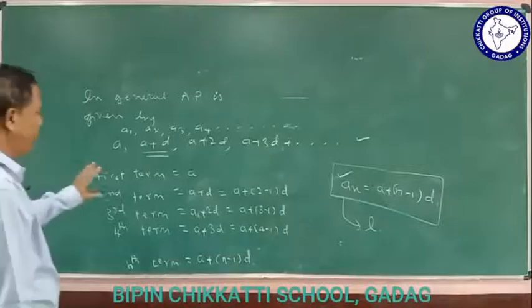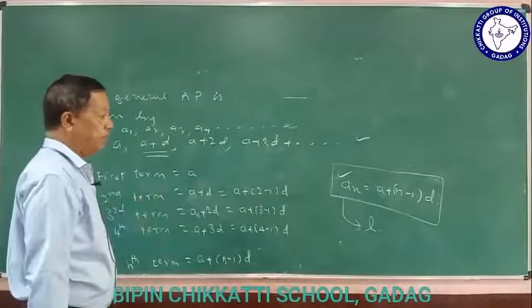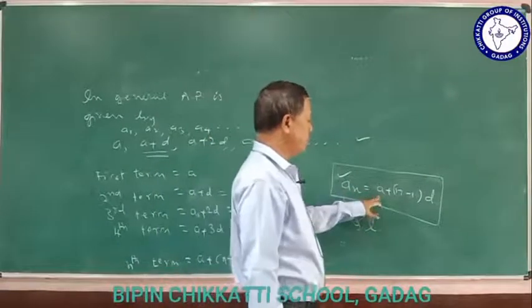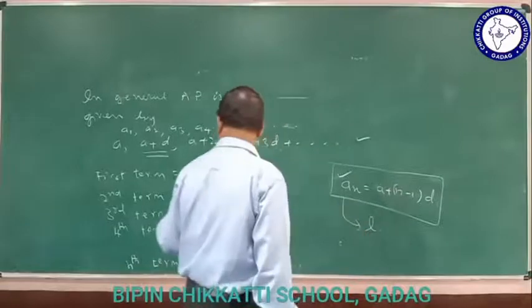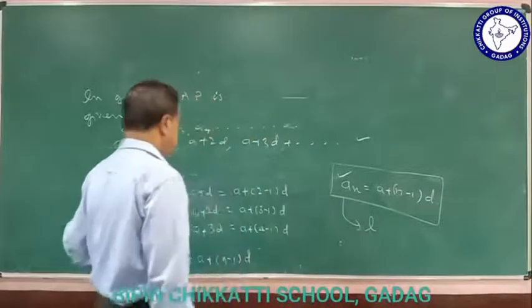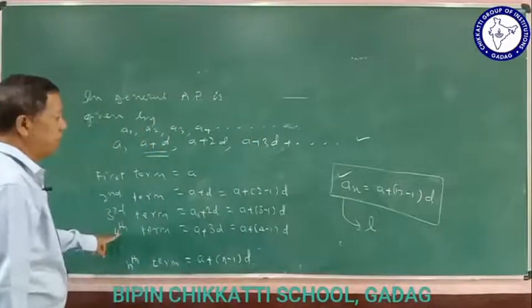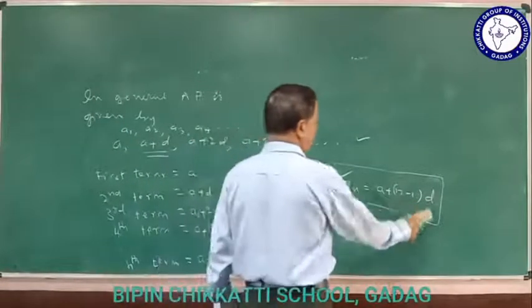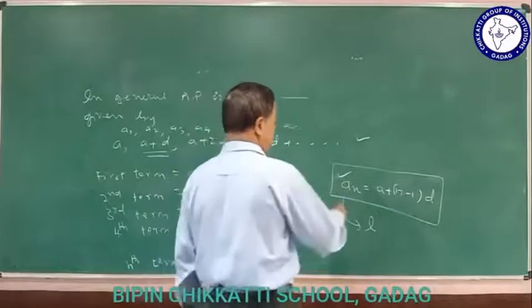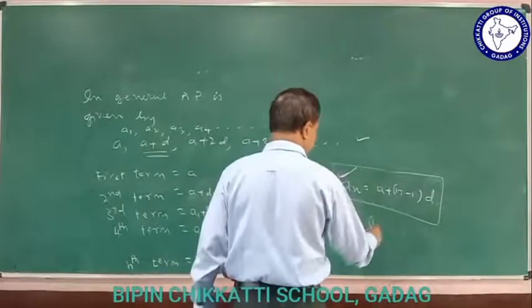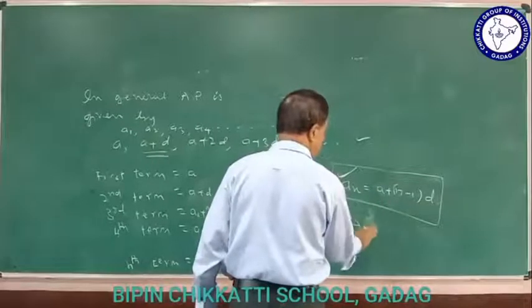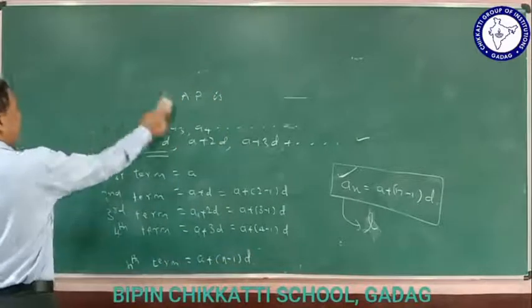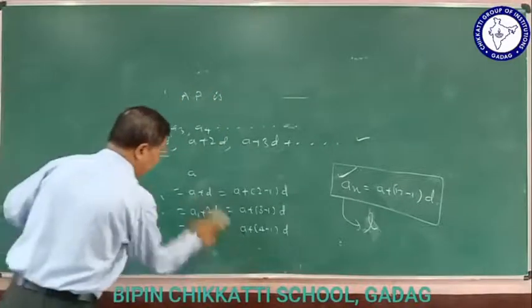Now we have to use the formula A plus n minus 1 into D. An is the nth term, A is the first term, and n is the number of terms. If n is 4, that is 4. How many terms are there in the AP, we'll see. And D is the common difference. Now the nth term is denoted by an, or sometimes small l we write. Small l is also the symbol for representing the nth term of an arithmetic progression.